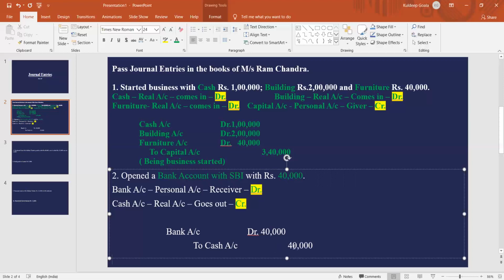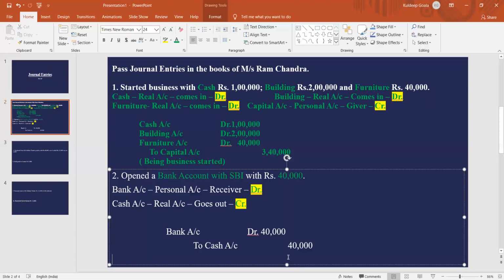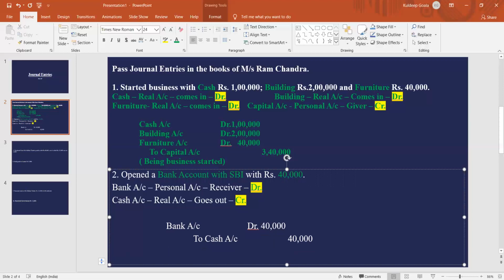Okay, so what will be the narration now? Narration means what narrates this particular action. Being bank account opened. Clear, everyone? Okay, very good.